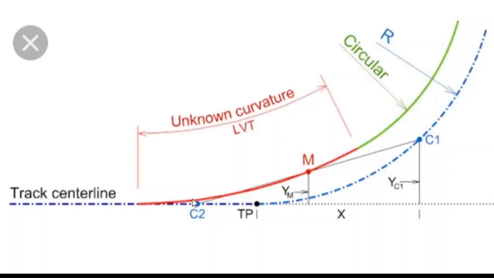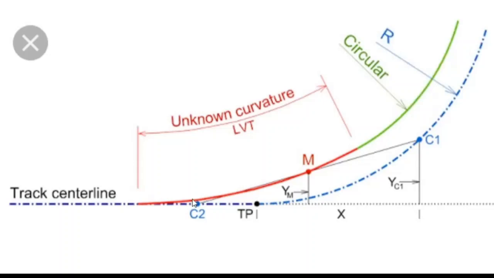We will see in this figure. See, this is the track center and this is a circular portion or a circular turn. When the train will try to move from a straight track towards the curve, there is need to introduce the transition curve so that the train will move smoothly without discomfort.